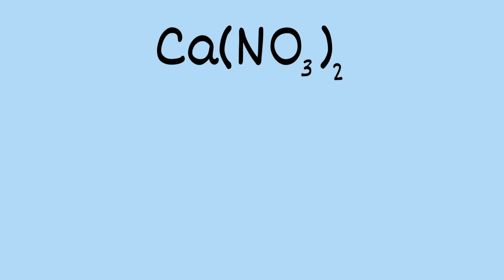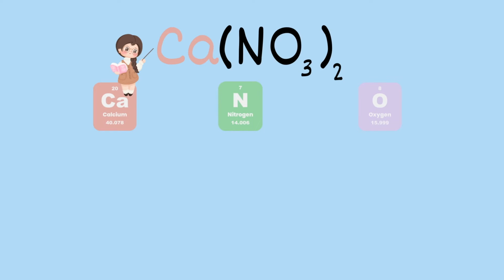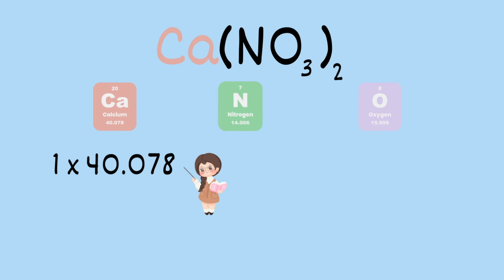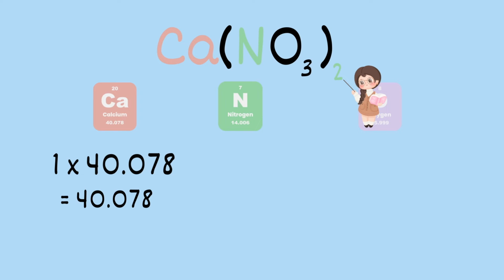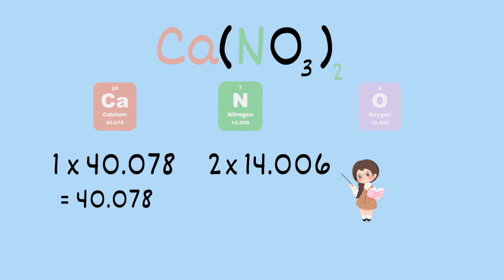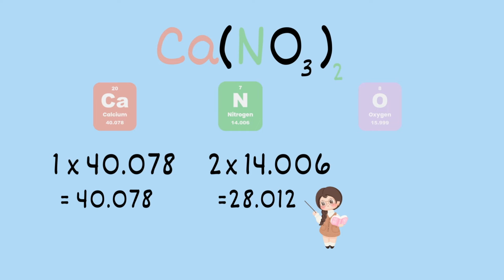Let's find the molecular mass of calcium nitrate. First, we get our elements off the periodic table, and then we identify the masses one element at a time. Calcium has no subscript, so there is only 1 calcium in the compound. So we're going to write 1 times the molar mass, 40.078, and this gives you 40.078. There are 2 nitrogen, indicated by the number 2 subscript, so we're going to multiply 2 times 14.006, and this gives us 28.012.